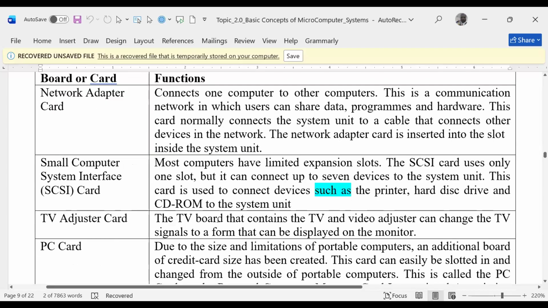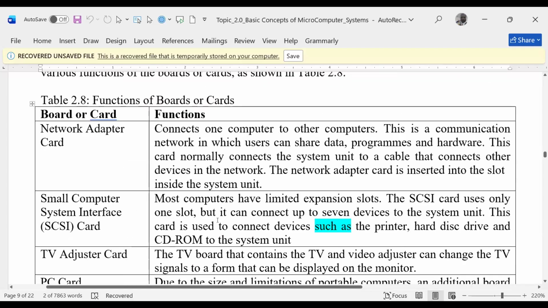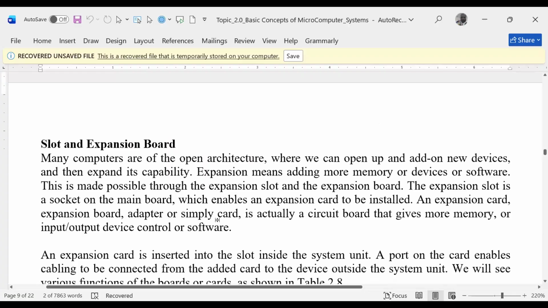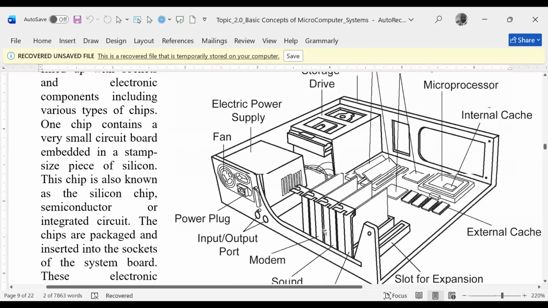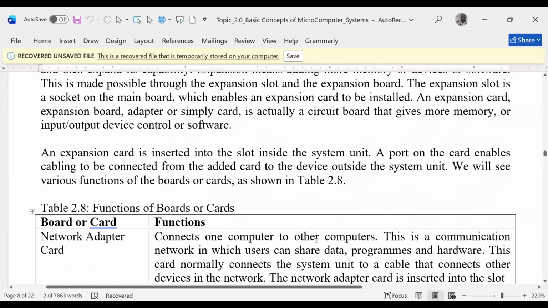And here are some of the boards or cards that can be added to your computer system. We have something called a network adapter card. You connect that somewhere here, the network card, so that I can connect a cable to it to have access to a network or internet.